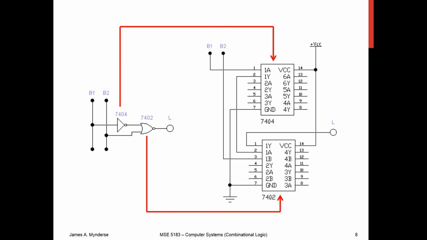So if you trace it through here, B1 is going to come into pin 1 of the 7404 and come out here, so this is going to be my not B1. And so not B1 and B2, and what I'm going to get out is lock. Now, what's missing here is that we're also going to need our bypass capacitor. I'll draw that in.